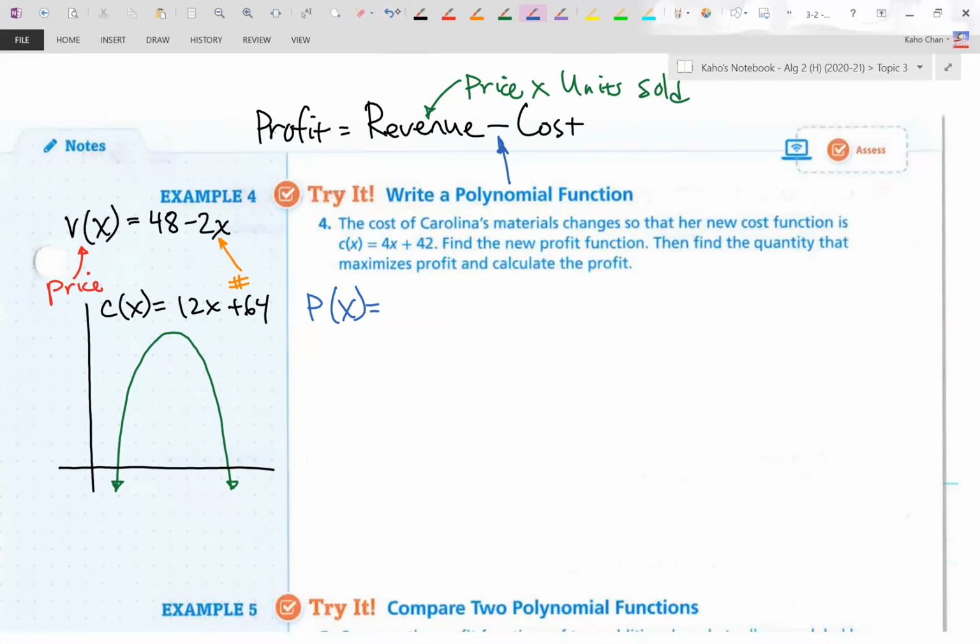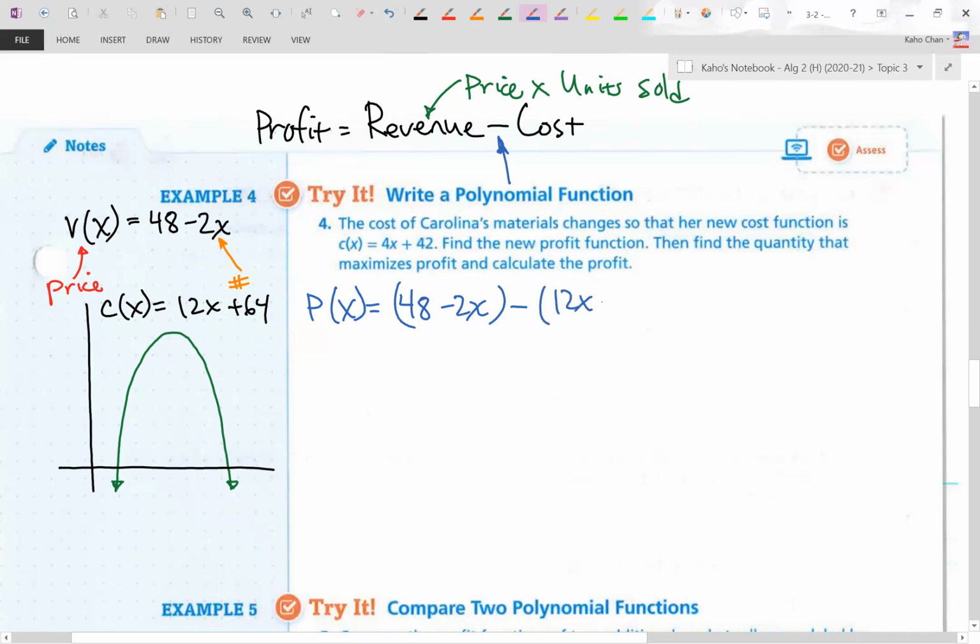So it's just basically 48 minus 2x minus the other one, 12x plus 64. That's it. Distribute the minus sign and clean this algebraic expression up. And we have a function.